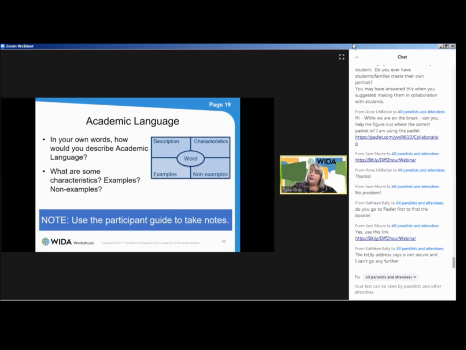You can give some characteristics of it and some examples of it if you like. Also, what is not academic language? So use your participant guide to take notes. It's on page 19. And also, if you can, give a few examples of what you think academic language is in the chat box. And let's get some discussion going about that.